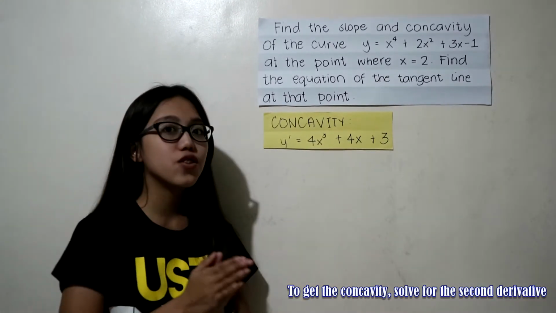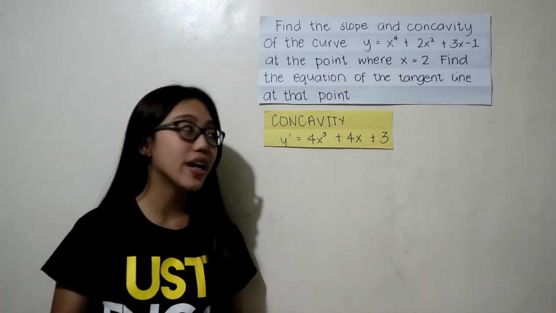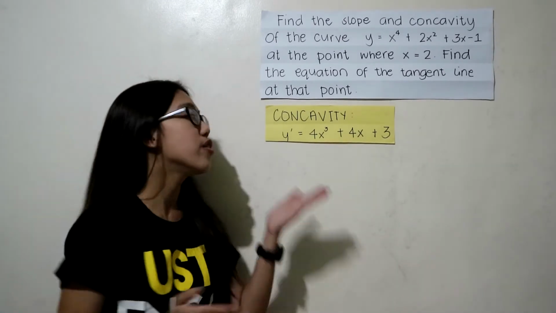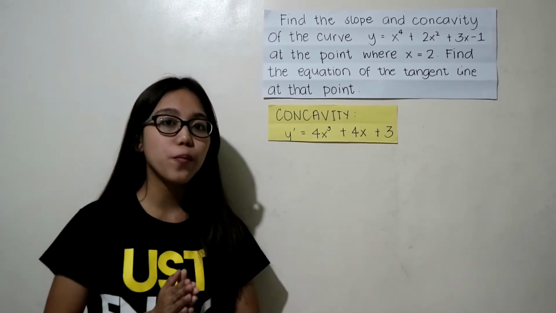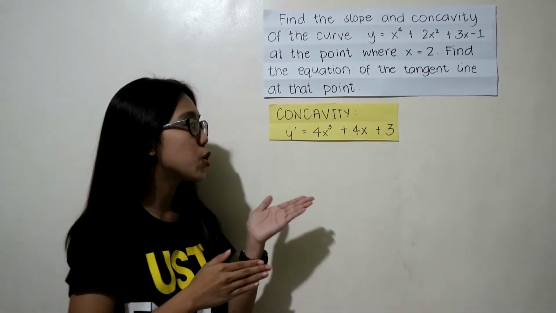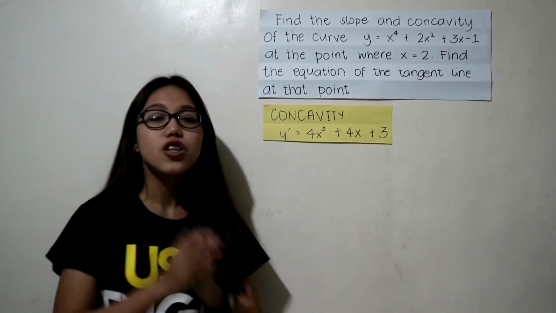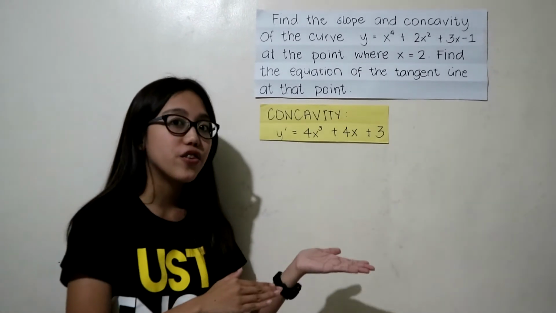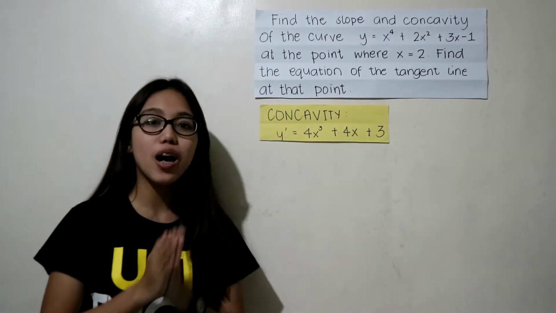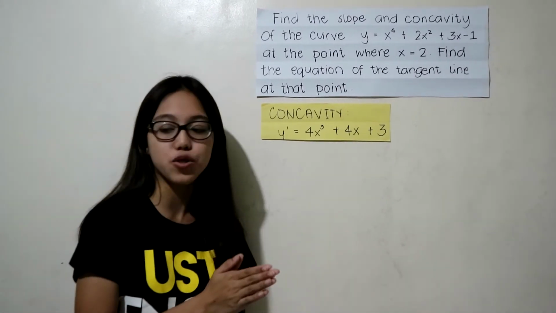For getting the concavity of the curve, we will be using the second derivative of the curve y is equal to x to the 4th plus 2x squared plus 3x minus 1, or the derivative of our first derivative y prime, which is 4x cubed plus 4x plus 3. Just like the other derivative process, we will use the power rule as well as the constant rule.